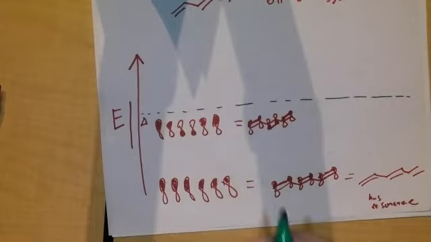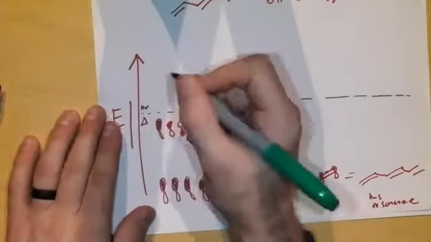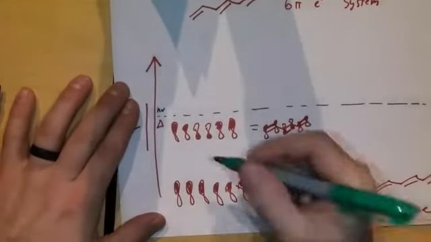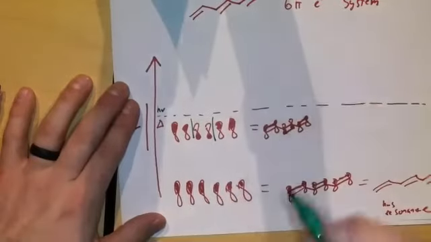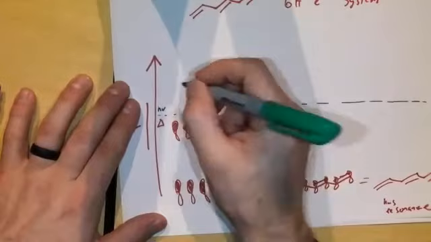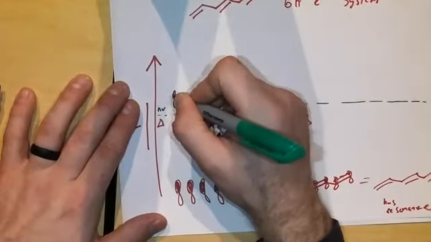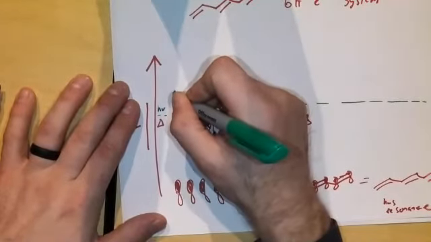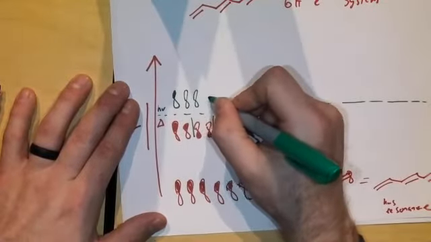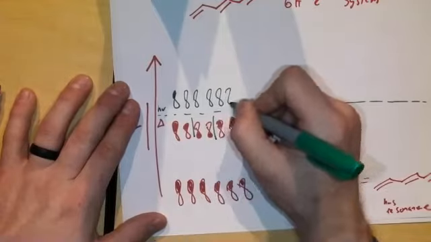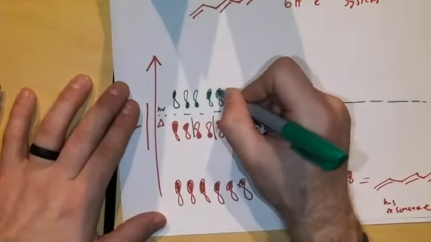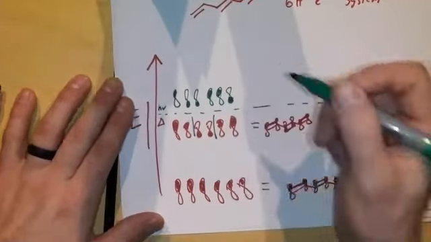Versus if we throw light in here, we're going to push this over to where we start having the single radicals. So there'll always be the two radicals on the end. So it's going to be one by itself. A pair of two, a pair of two, and one by itself.